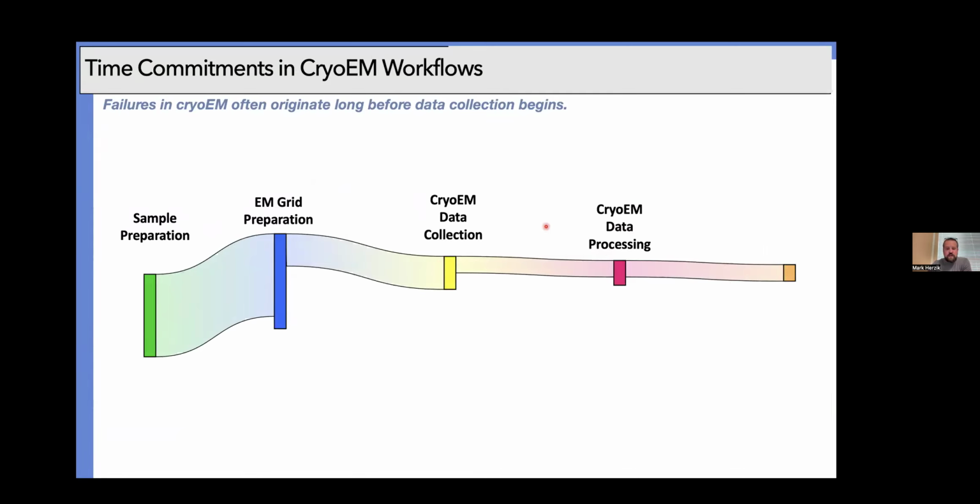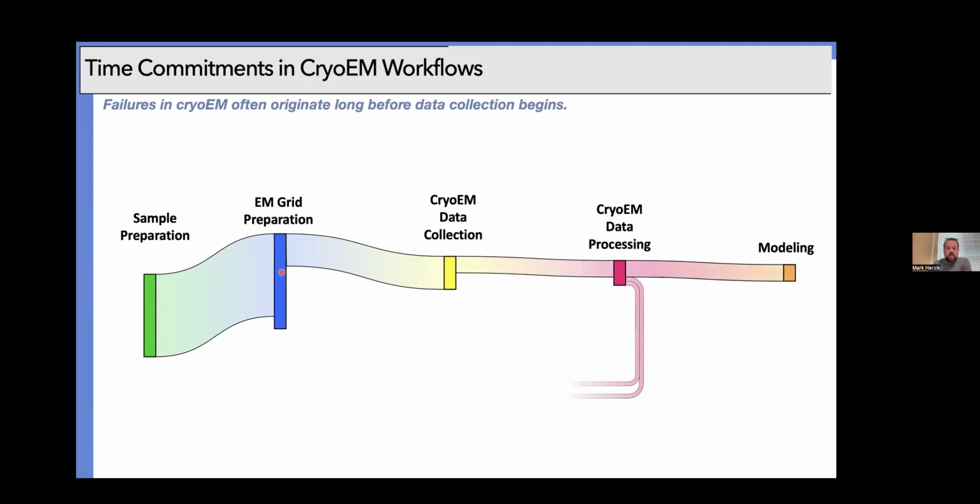When I started a little over 10 years ago, data collection and data processing basically absorbed an insurmountable amount of our time. And now with the high-end instrumentation, better workflows, faster workflows, and automated modeling programs, it's basically been an inversion to where now sample preparation and grid prep absorb a large amount of our time.